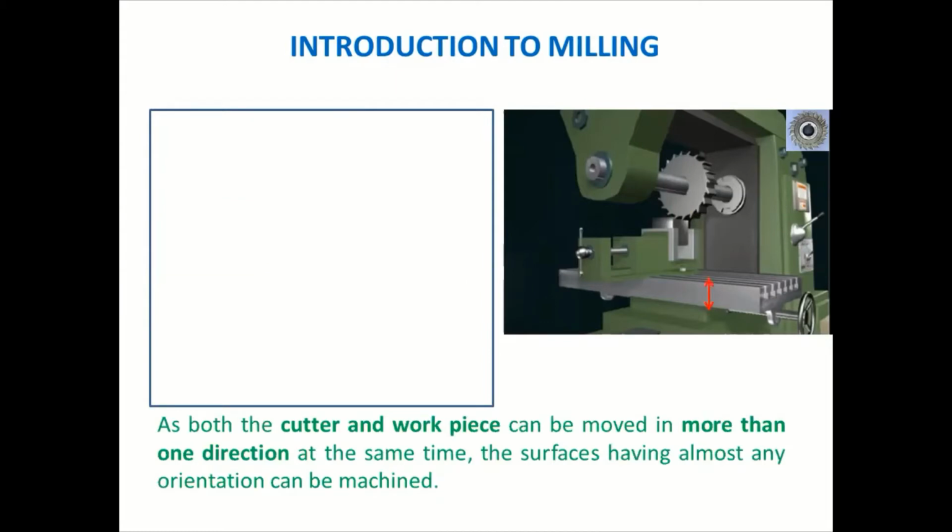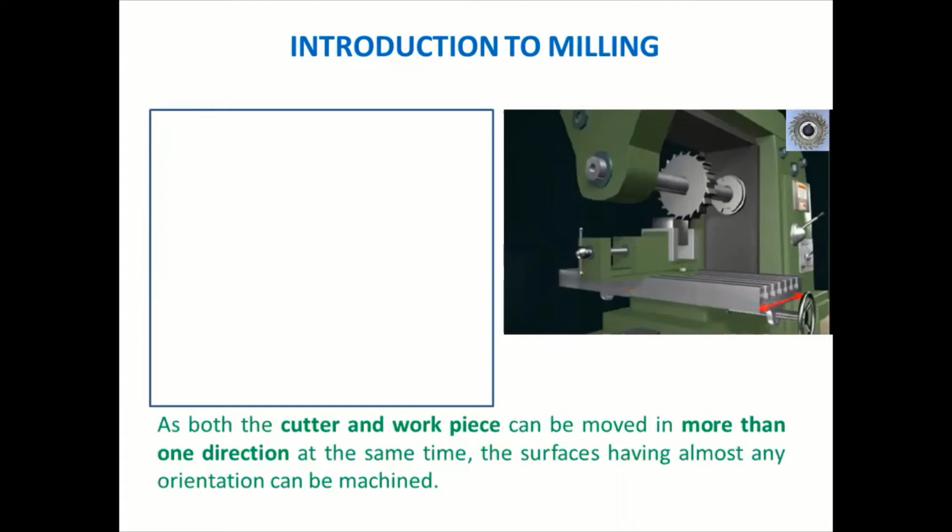First of all, the arrow I am showing, you can see the table can be moved in an upward and downward direction with the help of an elevating screw. Second, you can see the second direction of the table, which is the longitudinal direction.